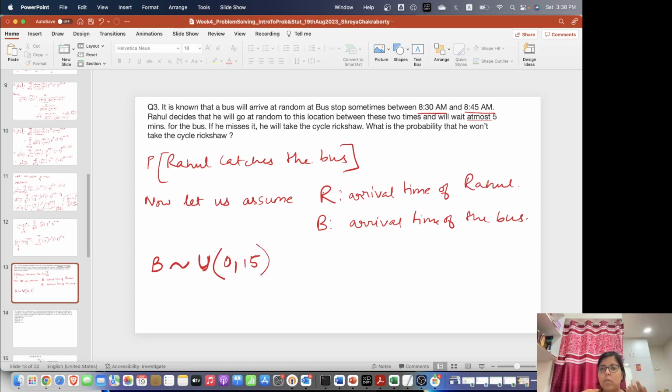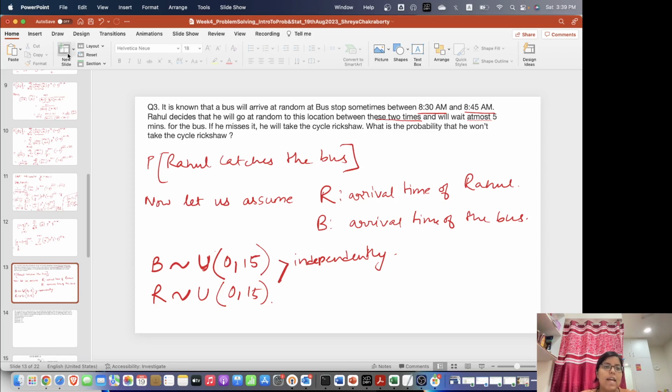It can arrive in an interval of 0 to 15 minutes after 8:30 a.m. And this person can also arrive in this interval, because he decides he will go between these two times. And they are independently arriving.